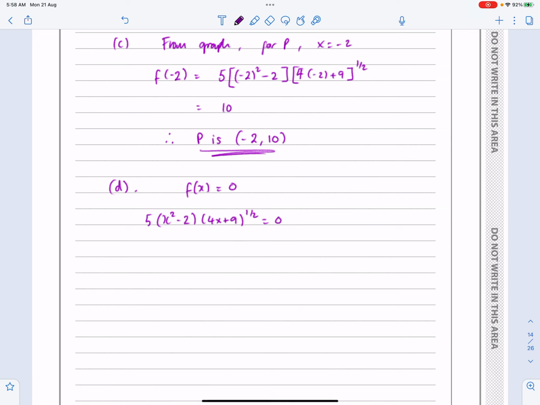Or in other words, solving that would be x squared minus 2 equals 0, or 4x plus 9 equals 0. So that's going to give me x squared equals 2, in other words x equals plus or minus root 2. And this is going to give me what I was hoping for, x equals minus 9 over 4.